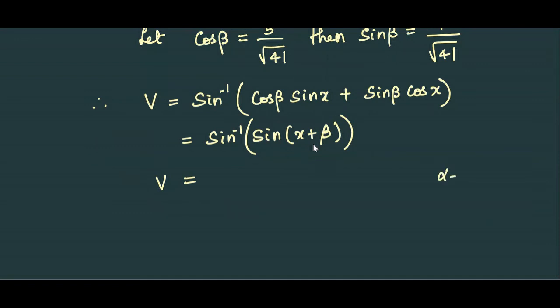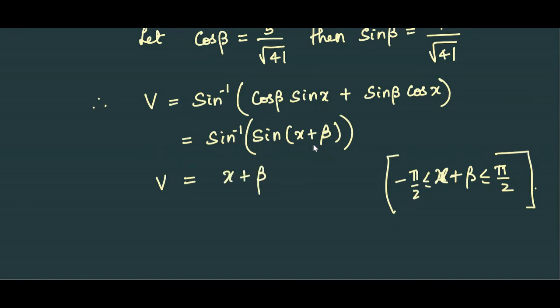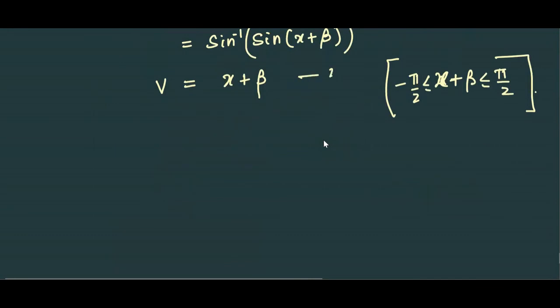So assuming that x plus beta lies between minus pi by 2 to pi by 2, the principal domain, you get v is x plus beta. So this is 2.